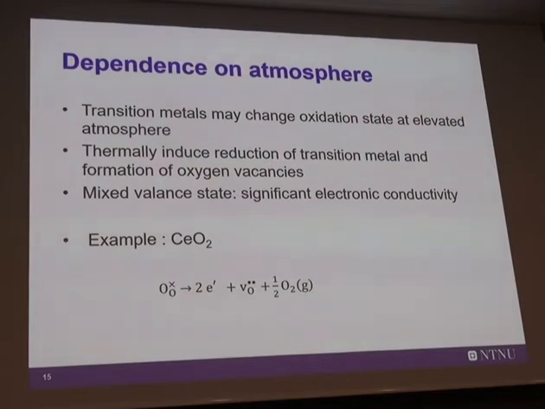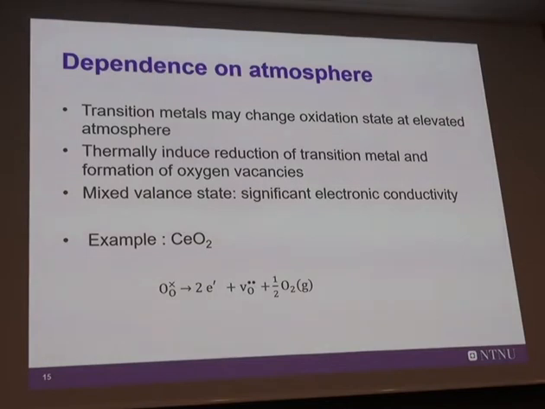So if you take ceria and expose it to a reducing atmosphere, meaning a low partial pressure of oxygen, you will have an oxygen on an oxygen site, O_O^x, because it's neutral compared to the ideal lattice. You will then create two electrons, an oxygen vacancy, plus oxygen gas, meaning that you are sucking oxygen out of the lattice.